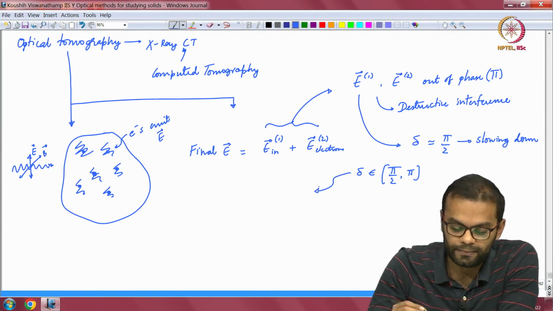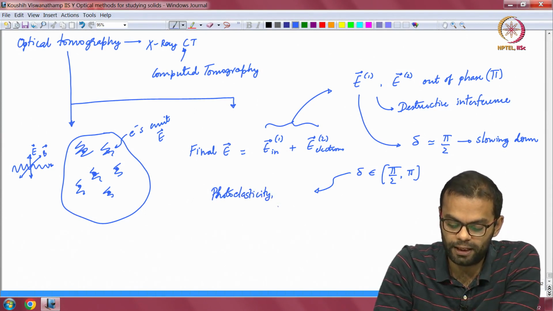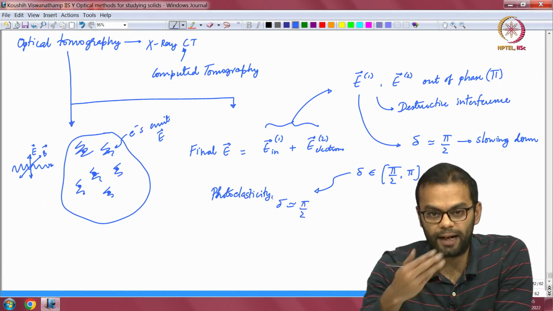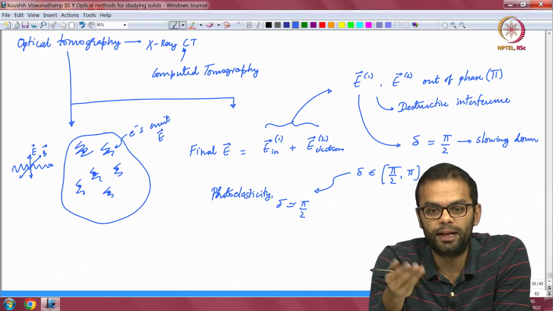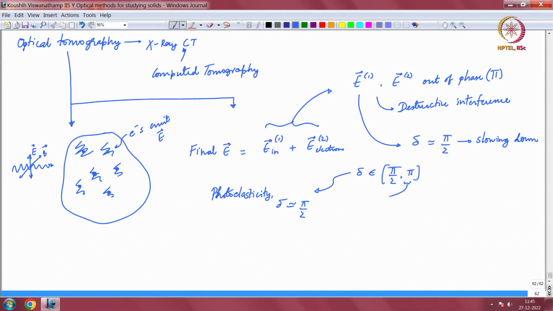Now in photoelasticity, the delta was closer to pi by 2. So the transmitted part was only dominated by the change in the speed, not the absorption. If you remember, complete absorption is delta equal to pi, and delta somewhere in between has a combination of both absorption and change in wavelength, sorry, change in refractive index.